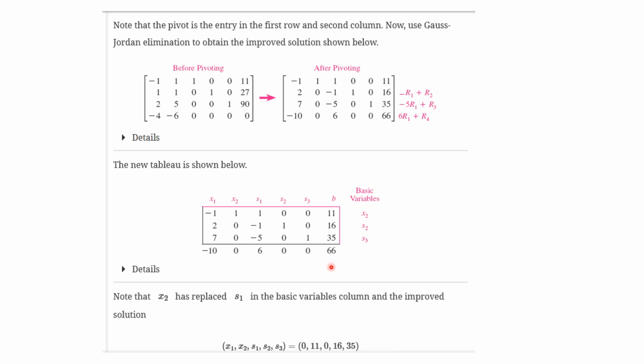And notice that the solution is improved because now my value for z is not what it was before. You see the solution up here, x1 is 11, and so 6 times 11 is 66. So I improved the value.